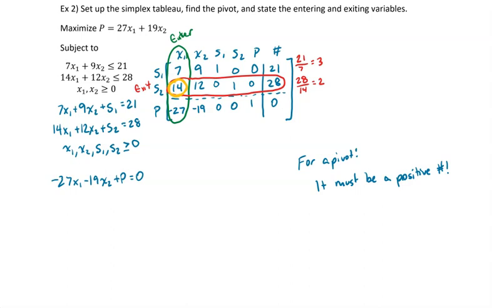For this class, that's the only catch, is it must be positive, and it also can't be 0 either. In both these cases, that absolutely didn't happen, so we are good, but just a little note in case it comes up, your pivot cannot be negative or 0.